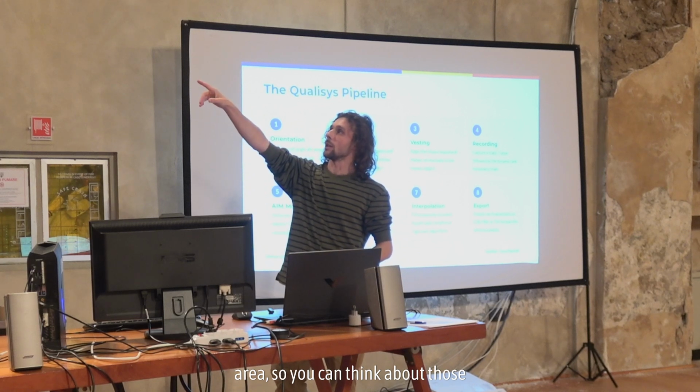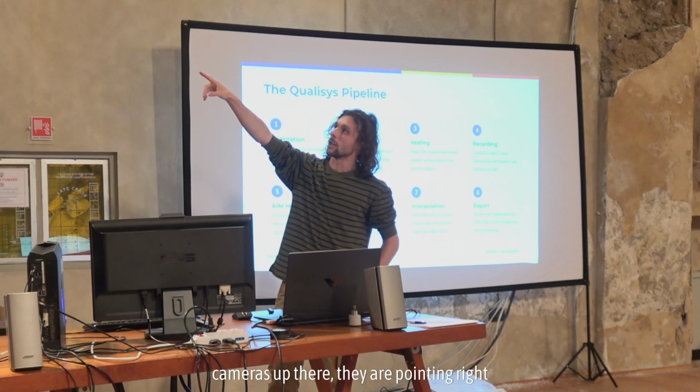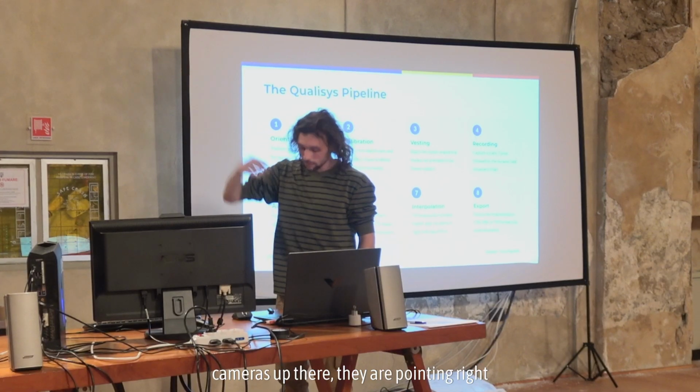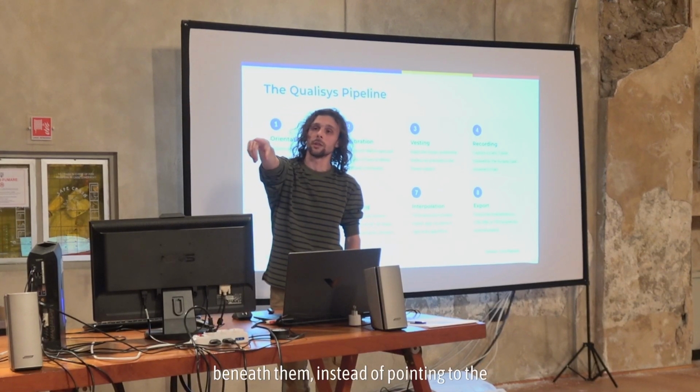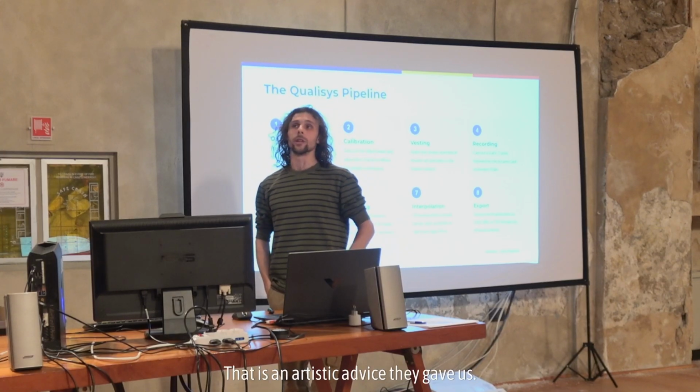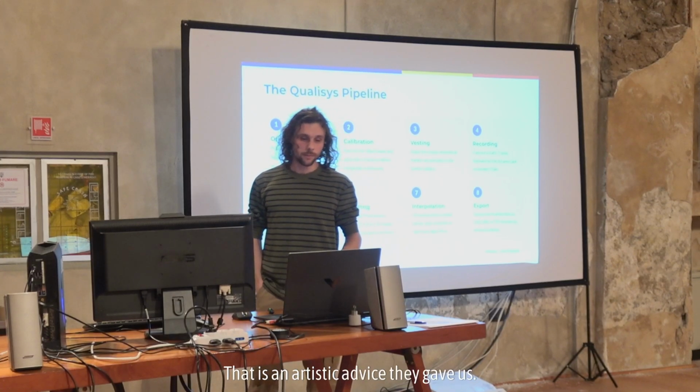So if you think about those cameras up there, they are pointing right beneath them instead of pointing to the other side of the stage. That's a heuristic piece of advice they gave us.